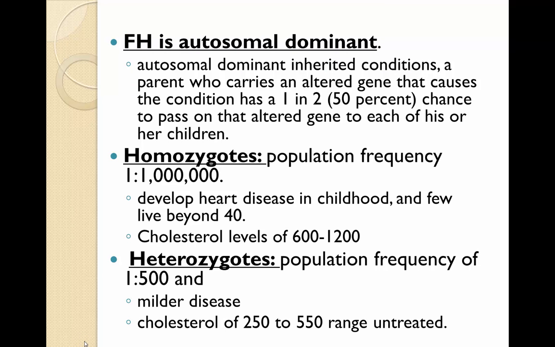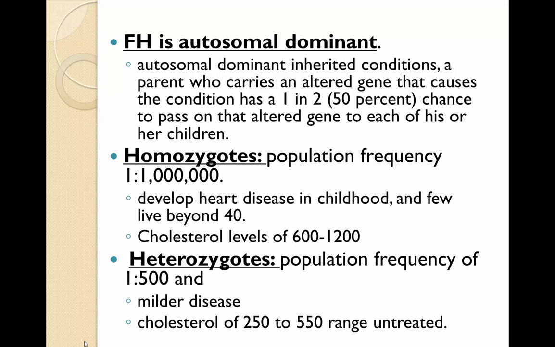It is autosomal dominant, which means that we have to inherit it from at least one of our parents. And we know through research that the altered gene causes the condition in 1 in 2, a 50% chance that we'll pass it on. So you only need one of these autosomal dominant genes to develop familial hypercholesterolemia.